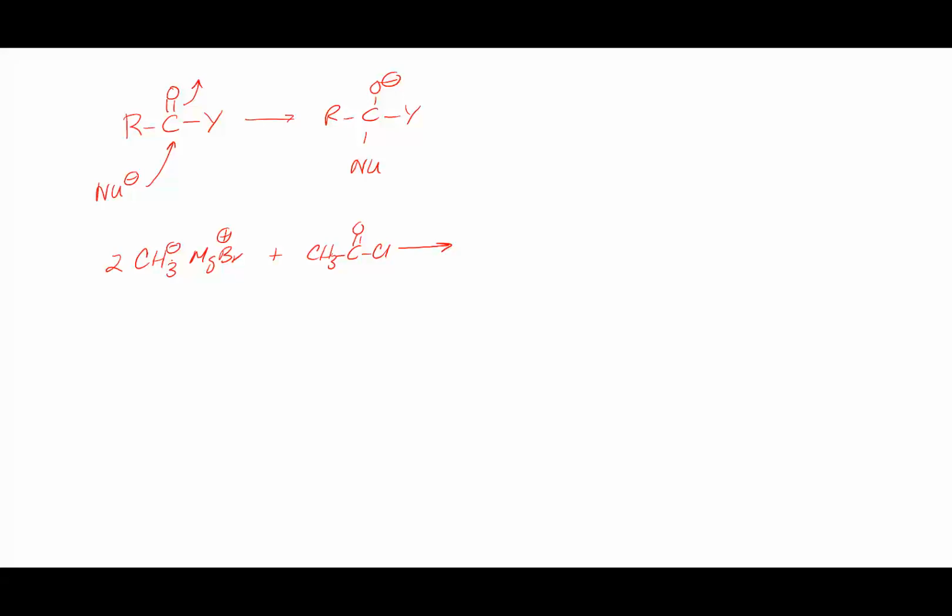So it would add twice, and so we'd end up with a tertiary alcohol. What would happen is the first CH3 minus would come in and add to that, so we would end up with our C with our O minus. Now the O minus tries to make a carbonyl, and can it?